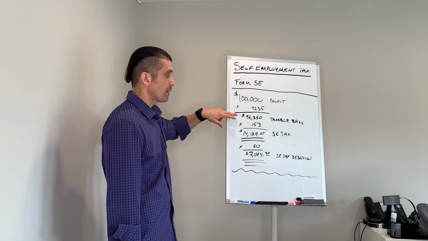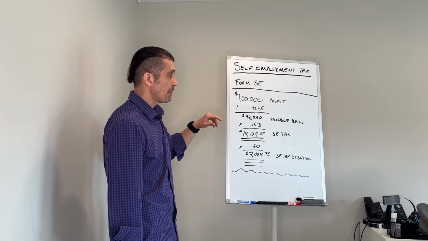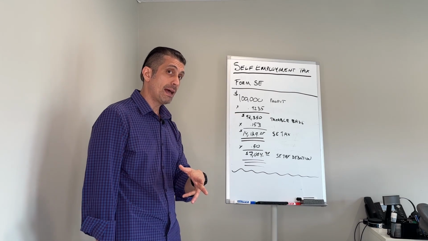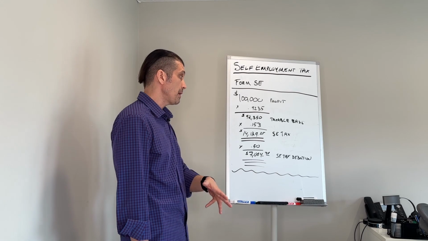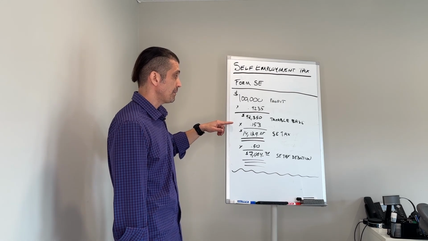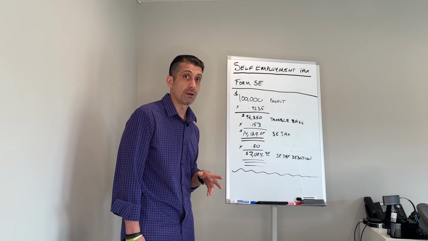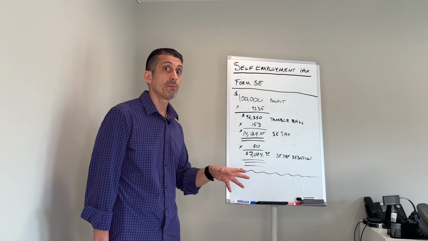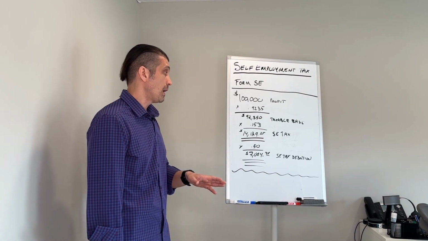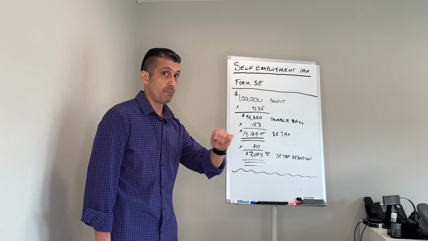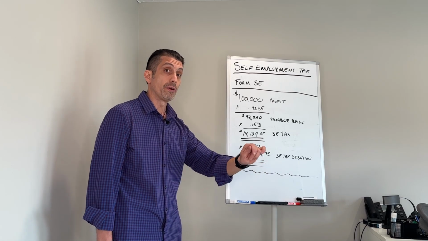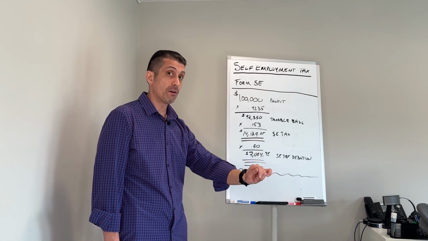So now that we are at $92,350, we're going to apply the self-employment tax at that 15.3%, and that's going to come out to a self-employment tax of $14,130 if we're rounding up. So that's right, you heard me right. $14,130 you will be contributing along with your income taxes on a federal level.